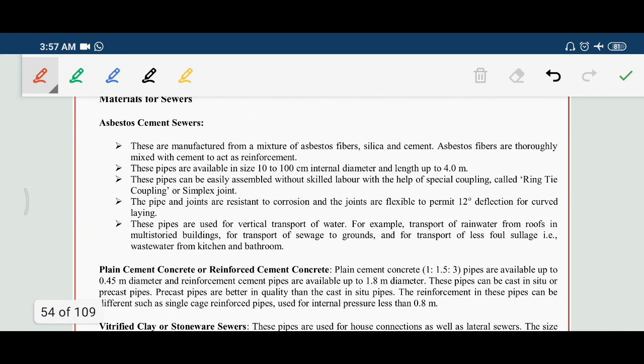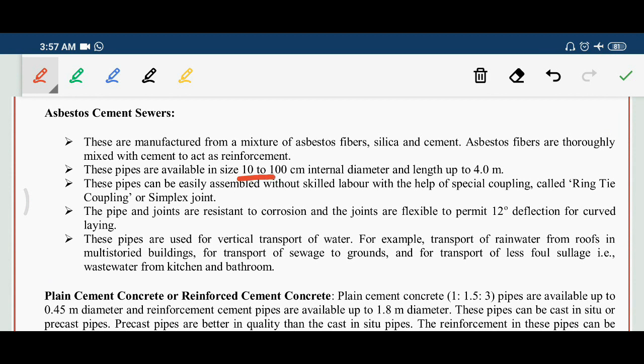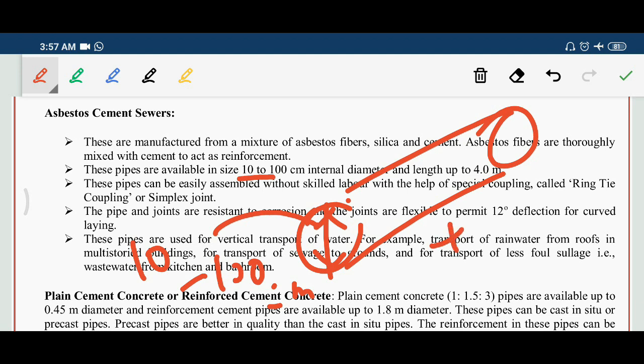Materials used in sewers: asbestos cement sewers. It is a mixture of asbestos fiber, silica and cement. These pipes are available in 10 to 100 centimeters internal diameter and the length will be 4 meters.